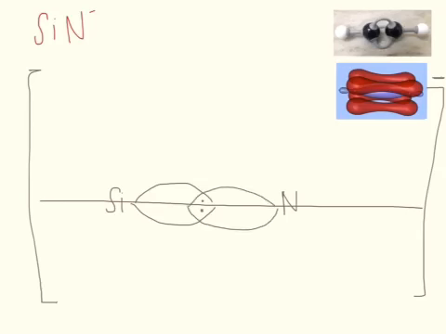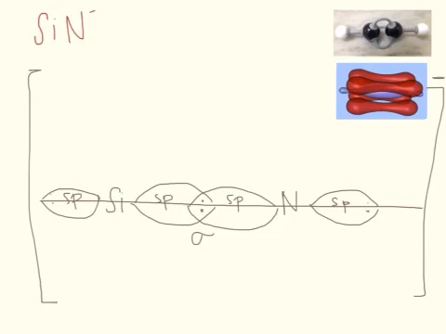This is the sigma bond that they were both sharing, so let's put that it's a sigma bond here and label that it's an sp orbital. We also know that each one of them has a lone pair, which is still part of the sp orbital. So we're going to draw another sp orbital here and label it, and another sp orbital here and label that as well.